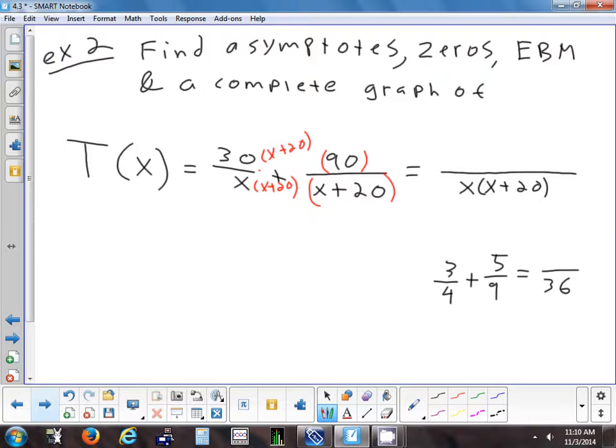Yeah, Emily? Yeah, just x and x. Okay, so now let's do that out. We're going to get 30x plus 30 times 20 is 600 plus 90x. So all we did was combine and get a single denominator.